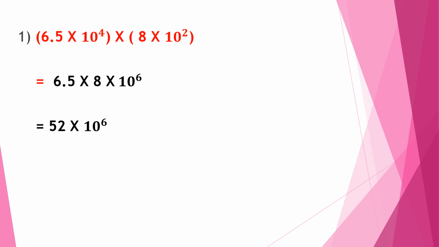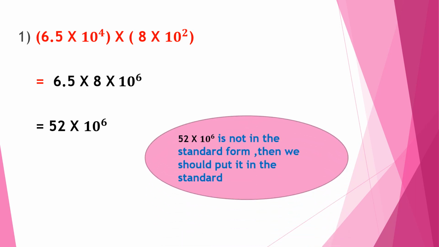We must put it as the absolute value of a greater than or equal to 1 and less than 10. 52 here is not less than 10, so by moving the decimal it will be 5.2 times 10 power 6 times 10 power 1, so it will be 5.2 times 10 power 7.